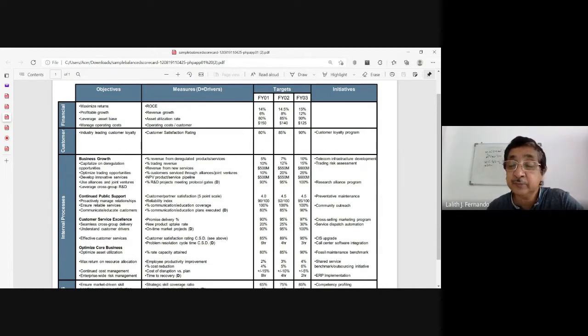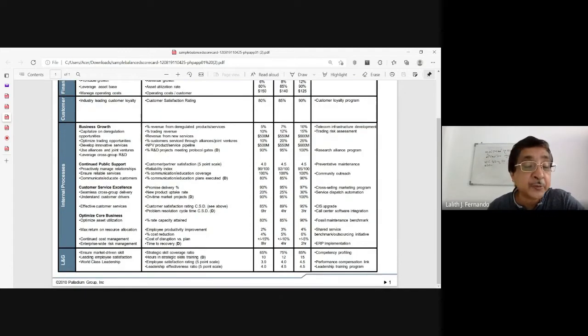That is the driver. And in the case of L&G, learning and growth, ensure market-driven skill. The market-driven skill means the market will let you know what skills your employees need. So that is what you call the strategic skills.